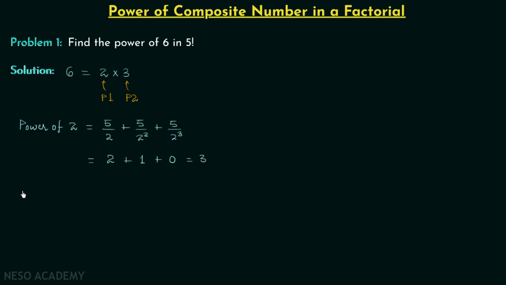Now we will find out the highest power of our second prime number, which is 3, in 5 factorial.